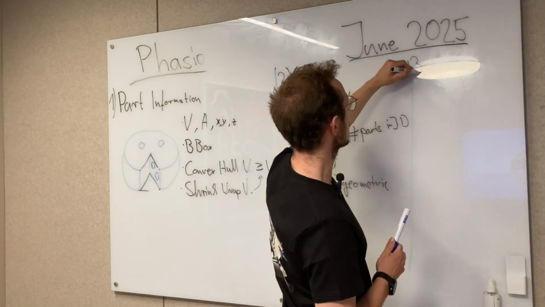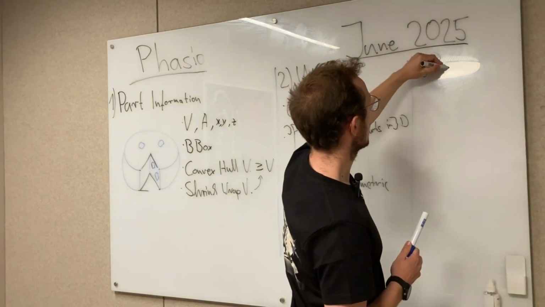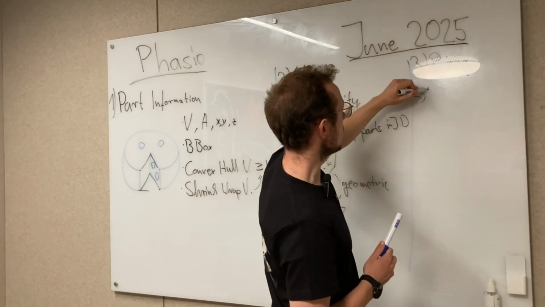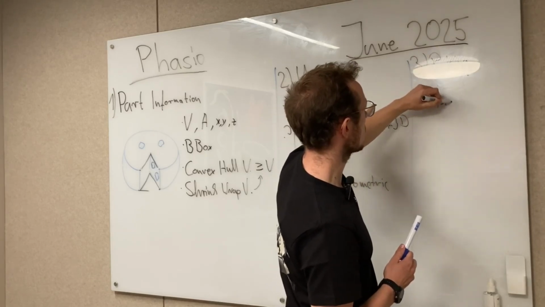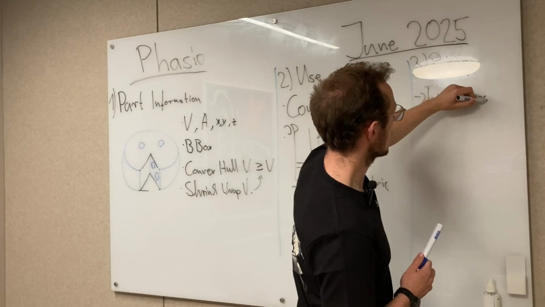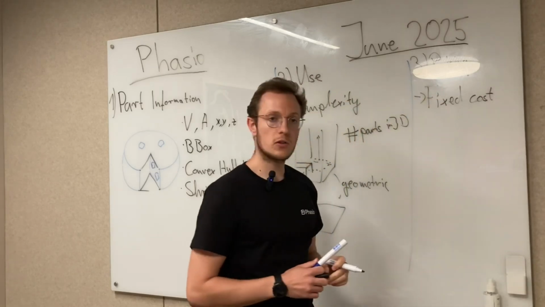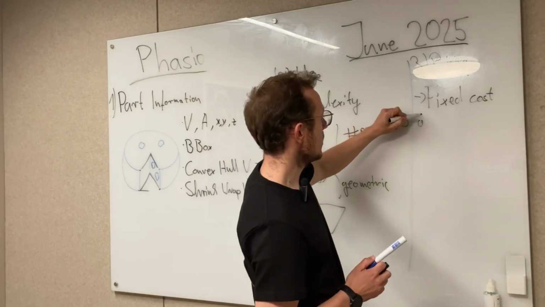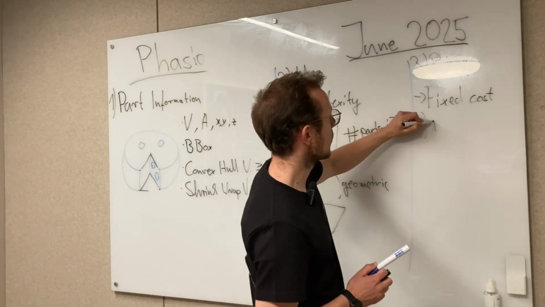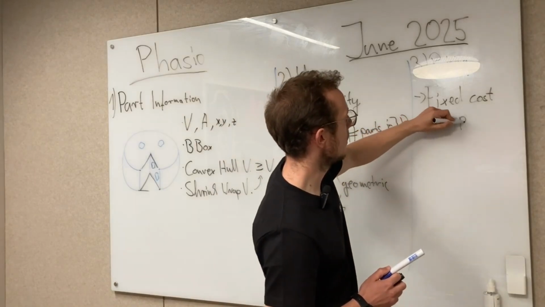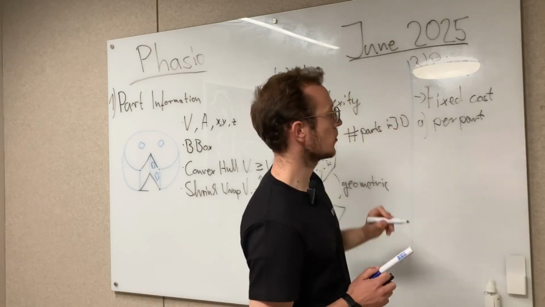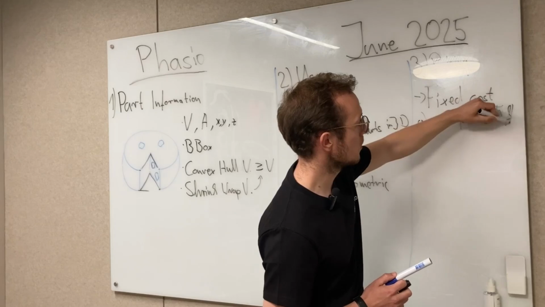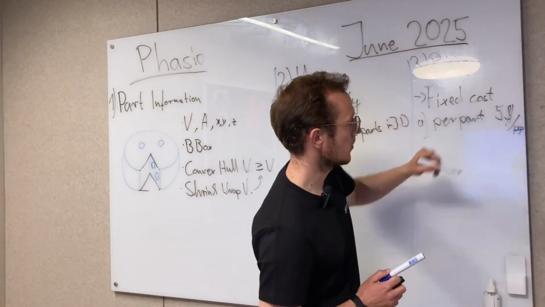So we just do 3, call this pricing, and I'll take the example of fixed cost. So fixed cost can be applied in numerous different ways, right? The first way would be something like just per part, I want a fixed cost, right? So that could be something like $5 per part.